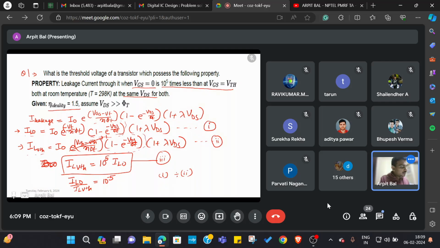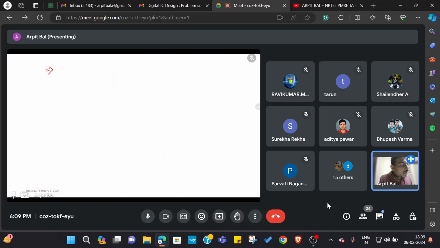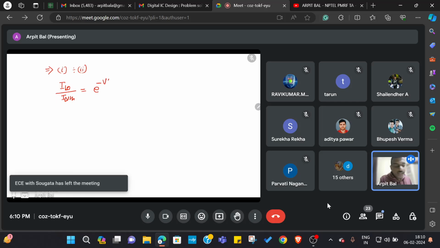Okay, so if I divide 1 with 2, then I have IL0 by ILVTH equals e to the power minus Vt by eta phi t.